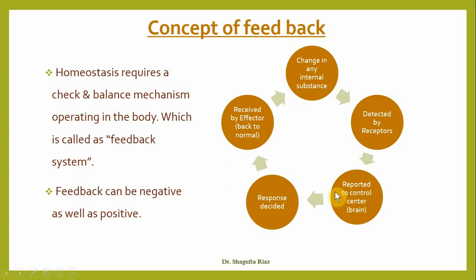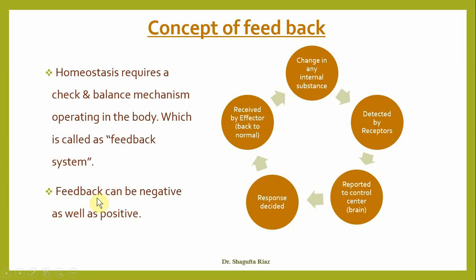Then the brain decides the response accordingly, and this response is received by some other organs which are called effectors. These are the organs which are responsible for bringing the condition of that change back to normal.